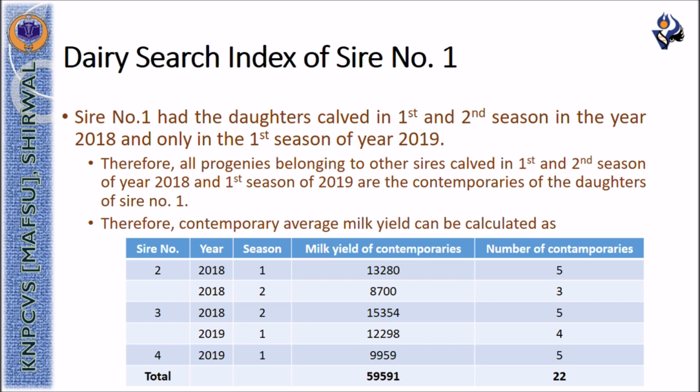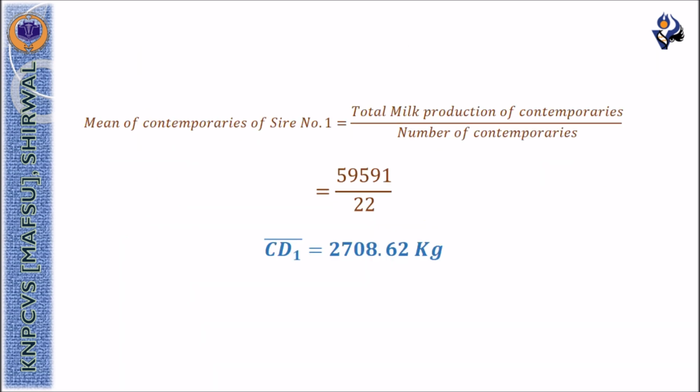For sire number 1, the contemporaries performance is calculated as shown in the previous slide. The contemporary average milk yield is calculated. There are altogether 22 contemporaries for the daughters of sire number 1, which are producing 59,591 kilograms of milk, and accordingly the mean of contemporaries of sire number 1 is coming to 2,708.62 kilograms of milk.